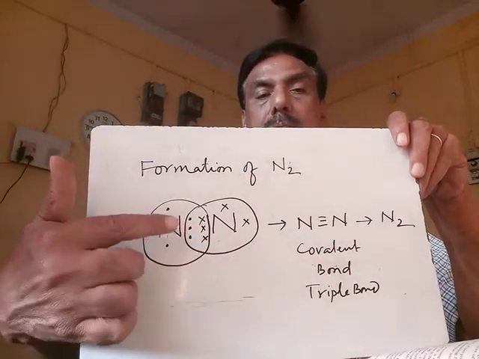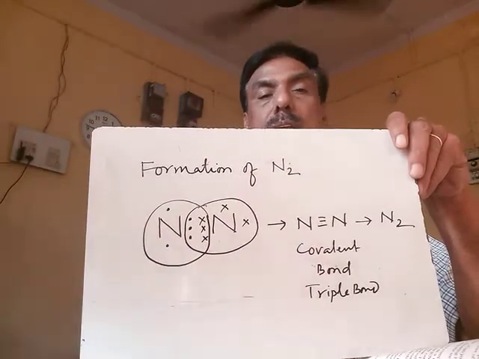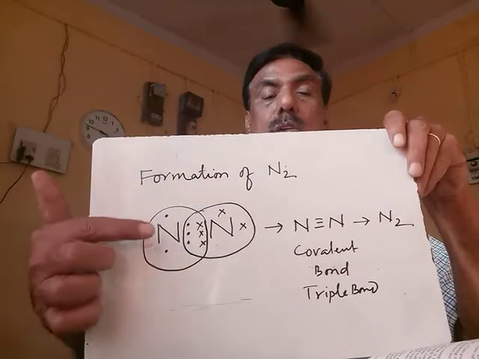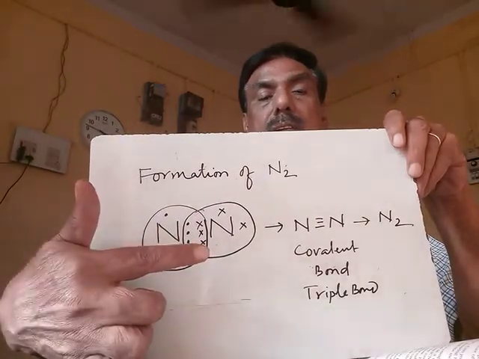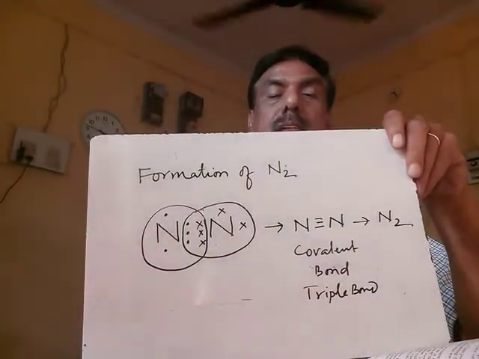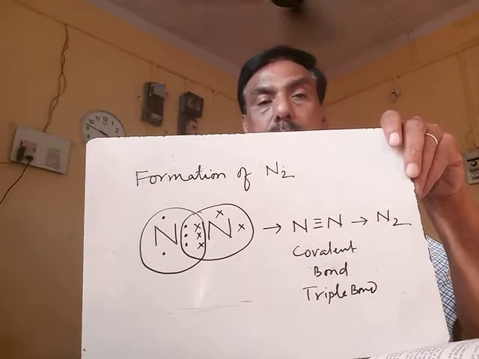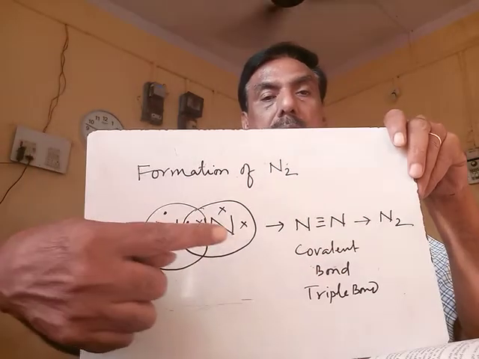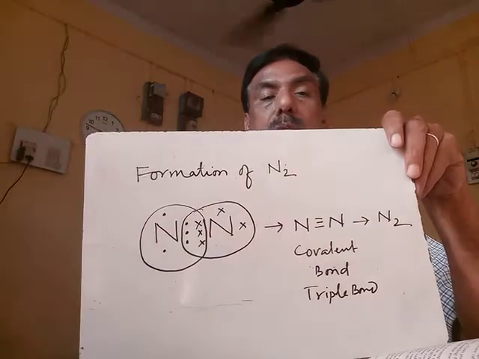Sorry, nitrogen has 5 electrons in the outermost shell, and they are sharing 3 electrons to become 8. These dots are the electrons of this nitrogen, and the crosses are the electrons of that nitrogen. Each one is sharing 3 electrons. Therefore, they now have 8 electrons in the outermost shell.